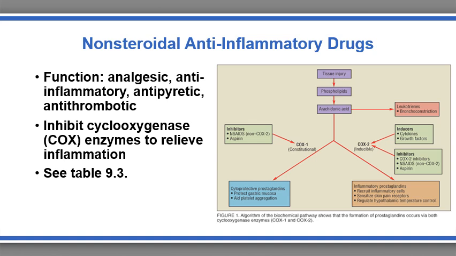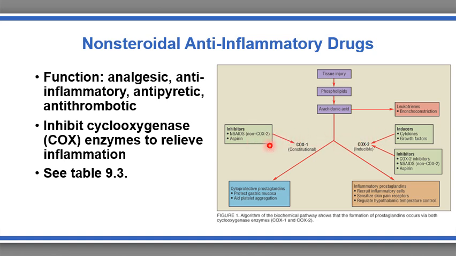If we're looking at this illustration that I have here, your corticosteroids work all the way up here, at the level of phospholipid development, where they limit everything beneath this. When you look at your non-steroidal anti-inflammatory drugs, they're working down in here.